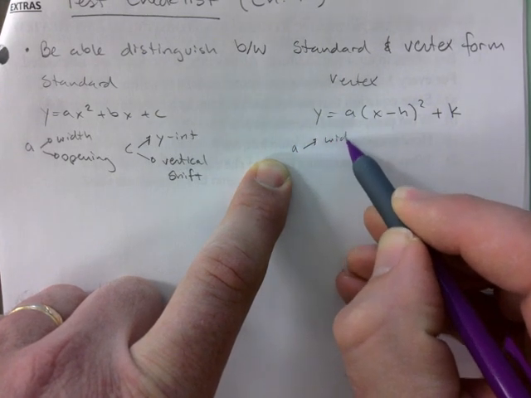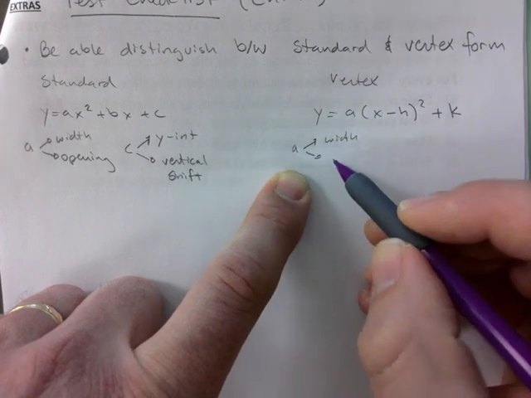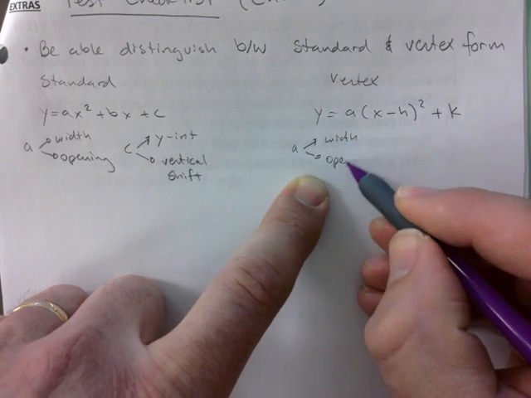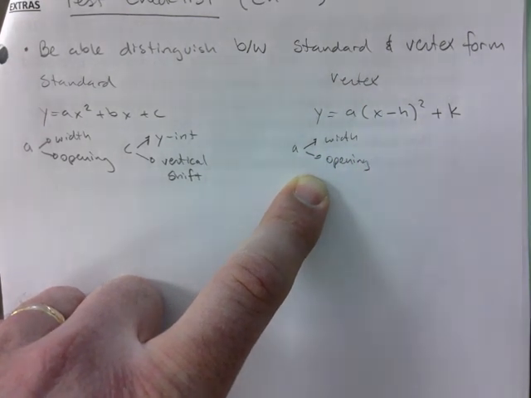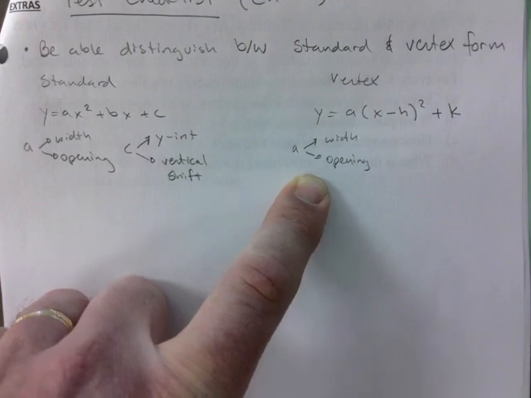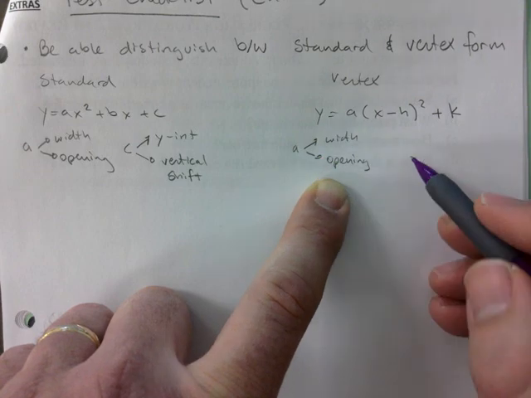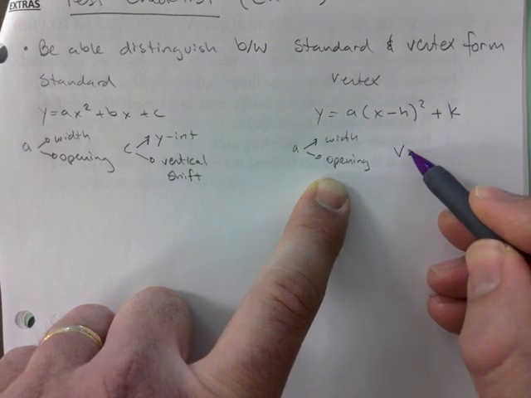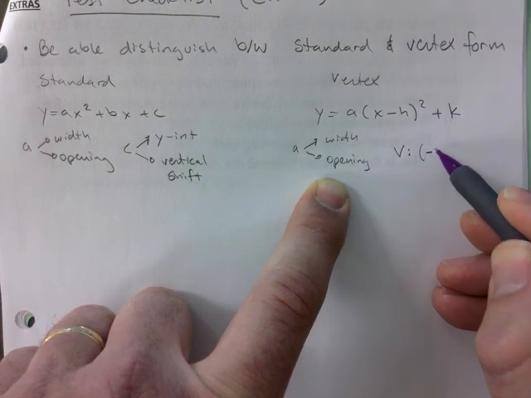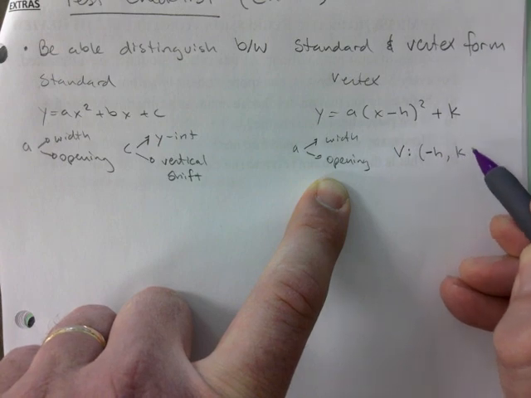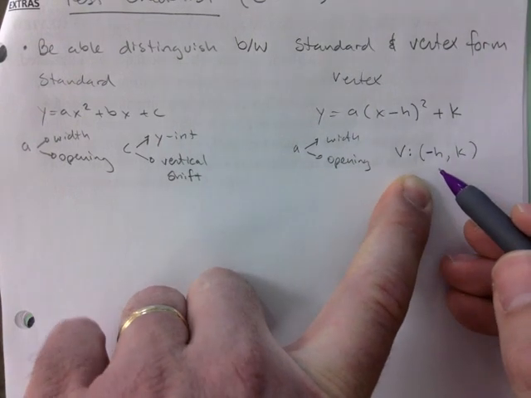Here, same thing as before. That doesn't go away. So there are some commonalities, right? So this and the vertex is negative H and K. And I don't know if you remember, this has been a while, right?